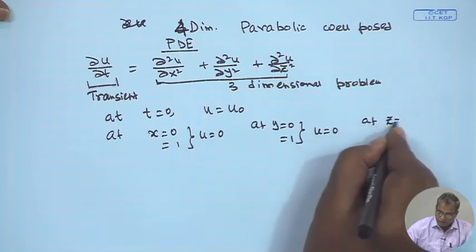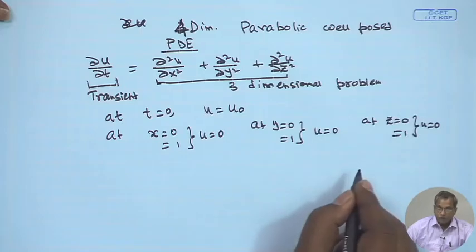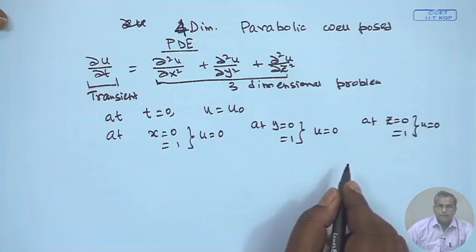At z is equal to 0 and 1, we have u is equal to 0. So, all the 6 boundaries have homogeneous Dirichlet boundary conditions. What will we be expecting? We will be expecting an independent eigenvalue problem in the x direction, y direction and z direction as well.